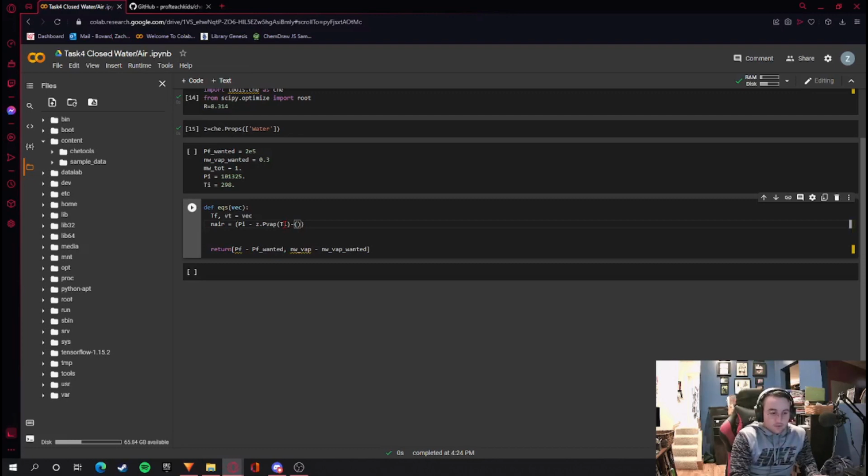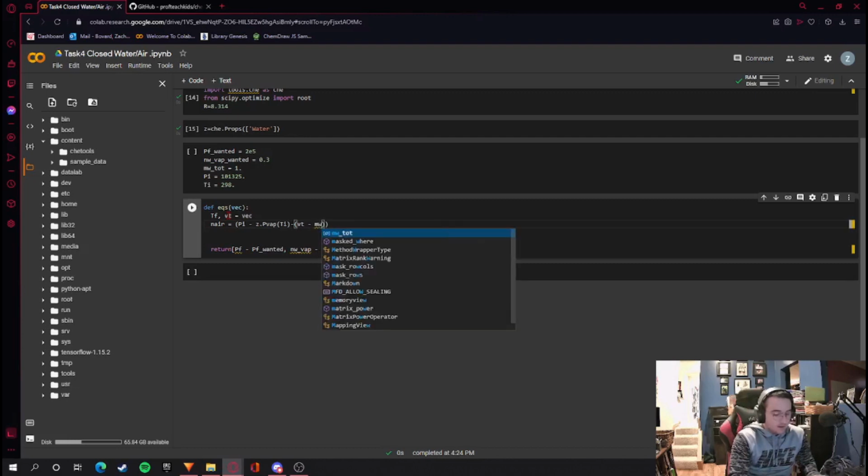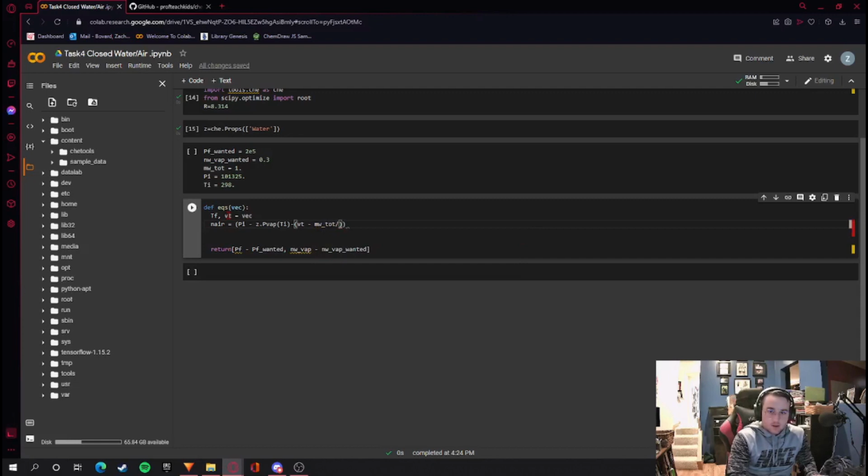the volume in the vapor phase, which is the V total. So we'll just do VT minus the total mass of water divided by the density of water.